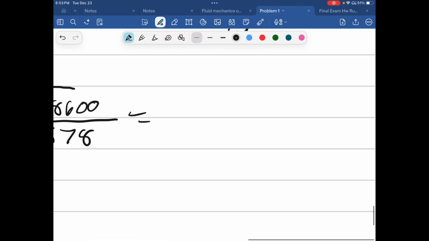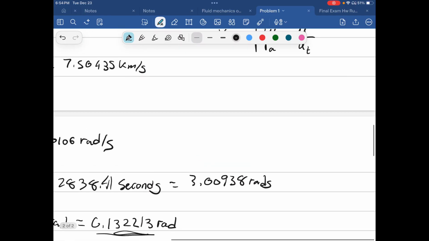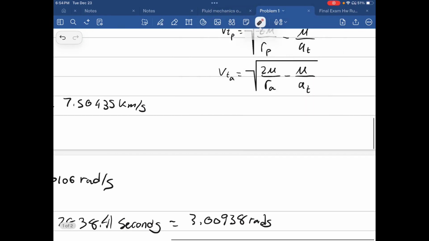And that's going to get us a velocity of 7.3944 kilometers per second.